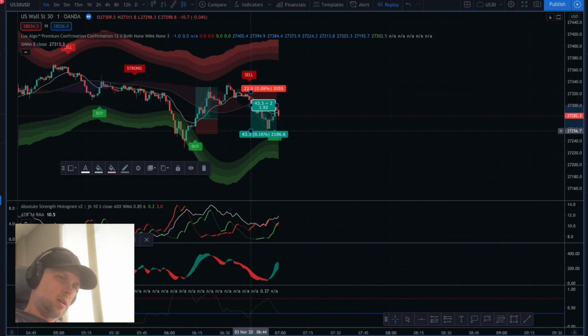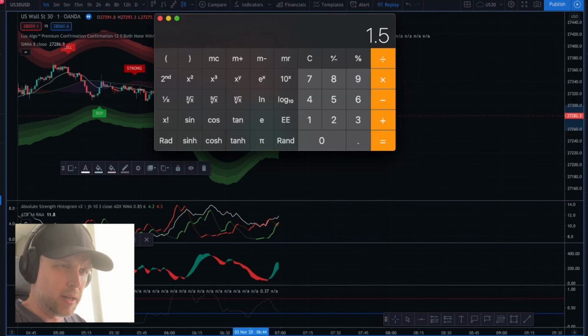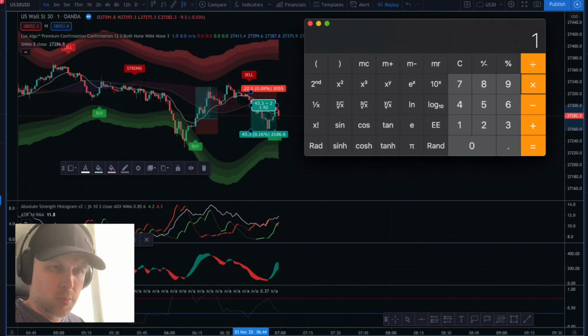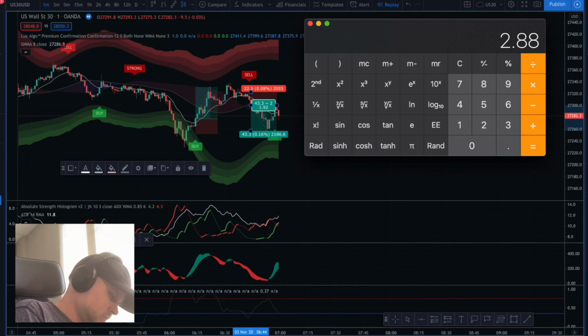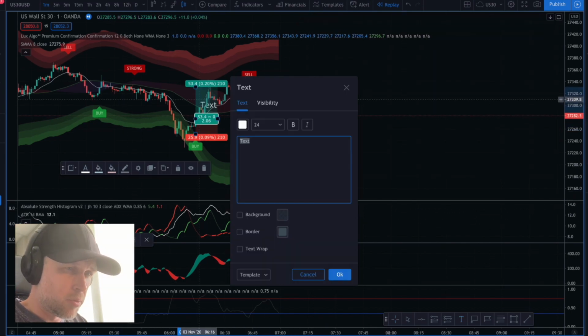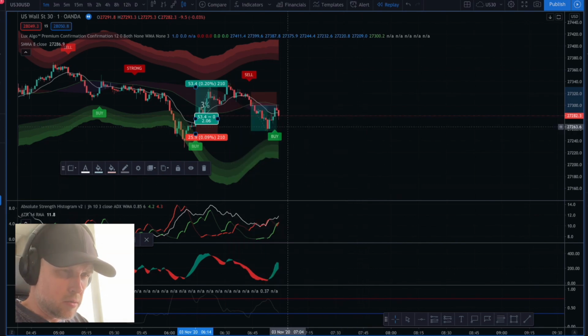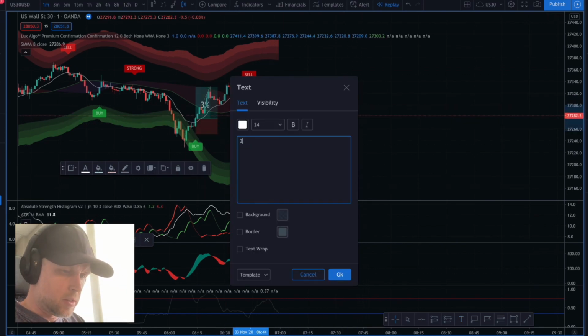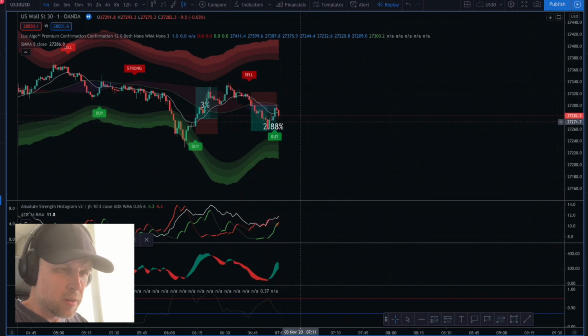So that is 1.5 times 1.92, which gives us a profit there of 2.8%. Oh, you know what I can do is I can put my profits right up on here. So that's a 2%, and that's 2.88%. And we continue onwards.